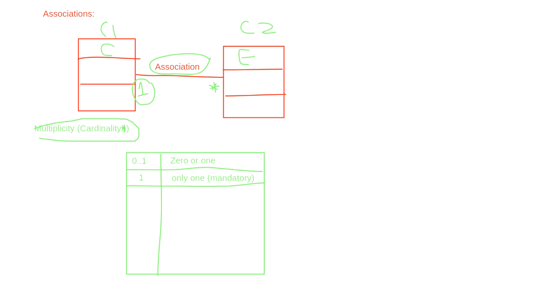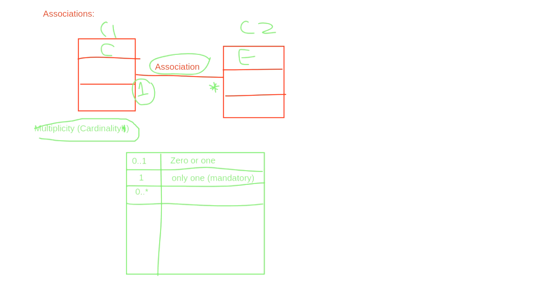And sometimes you will see this also, 0..star. Now in this case, what do you mean by this? This is 0 or 1 or 2 or 3 or so on up to infinity.